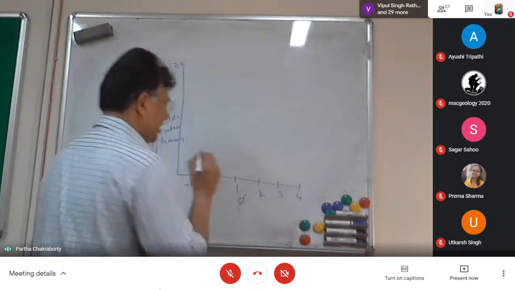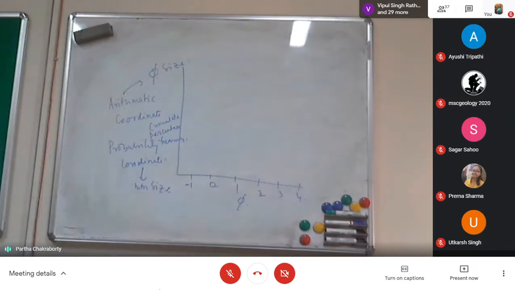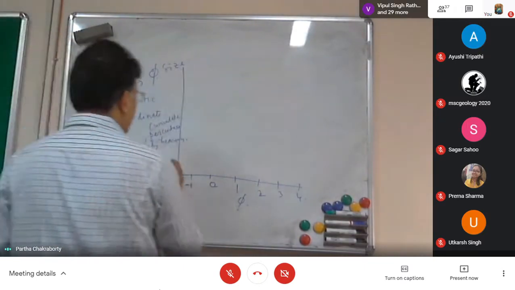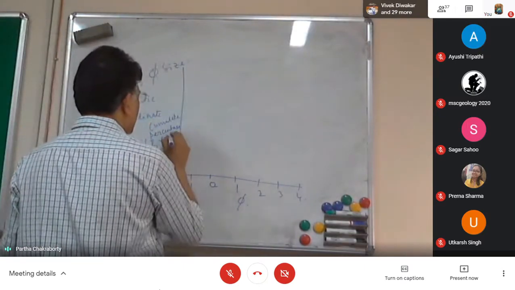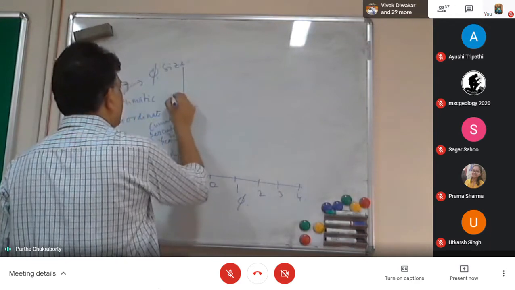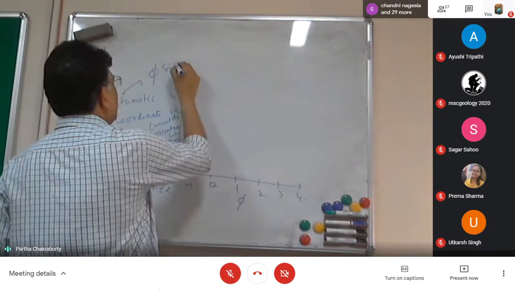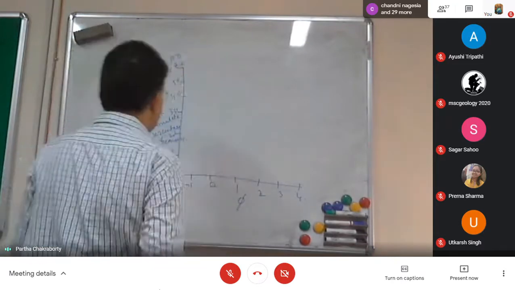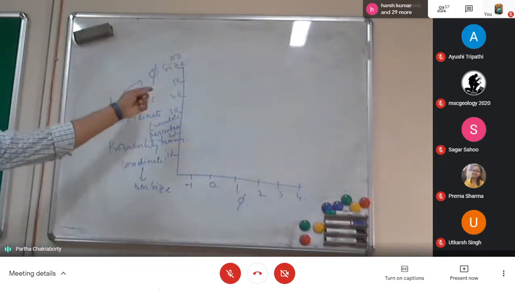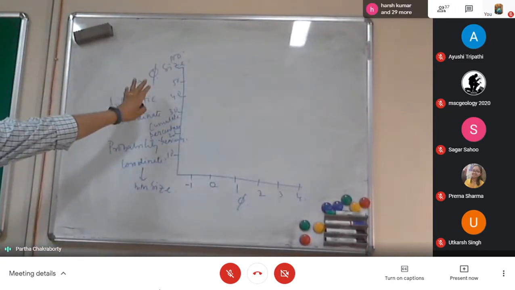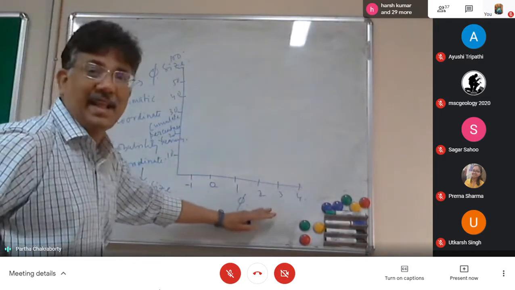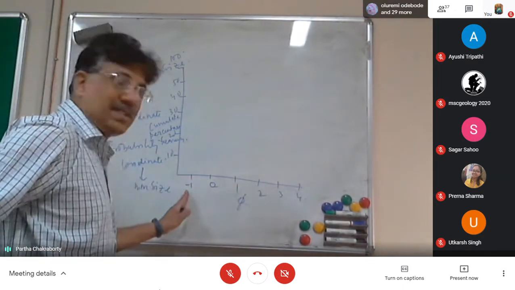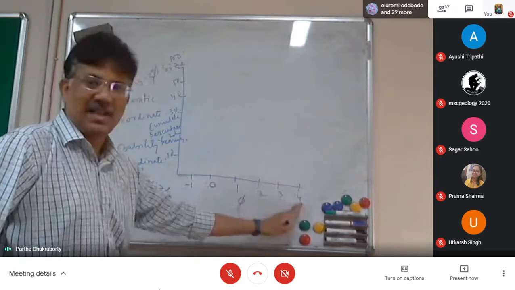This is phi. And this is 10, 20, 30, 40. That is the arithmetic, and I am doing it with the arithmetic coordinate. For the arithmetic coordinate, I have used the phi scale. The codes are on this side, the phi are on this side.